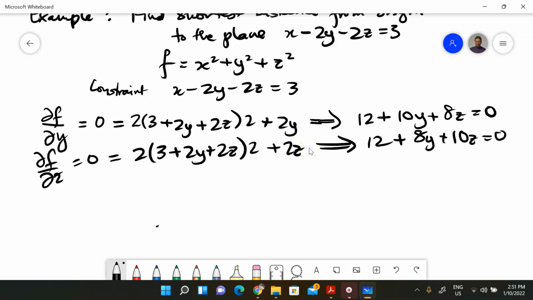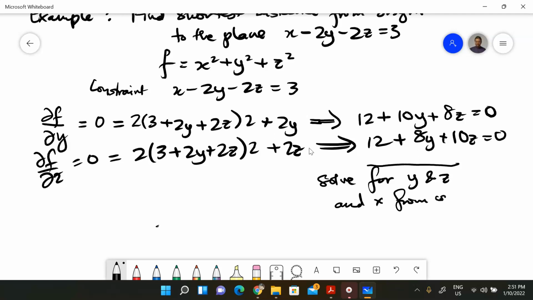Okay. So here what we do is solve for y and z. And then one can get x from the constraint. So there's a bit of algebra going in. When you solve that, you'll get this solution.